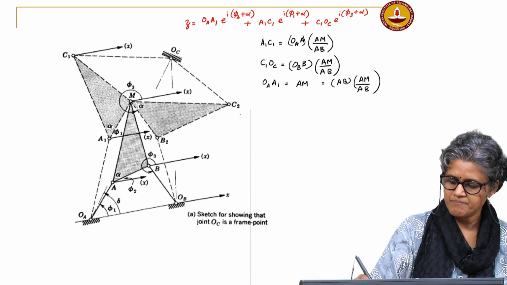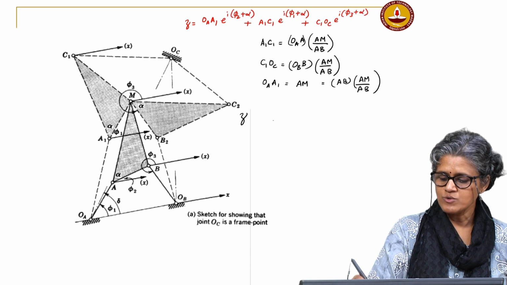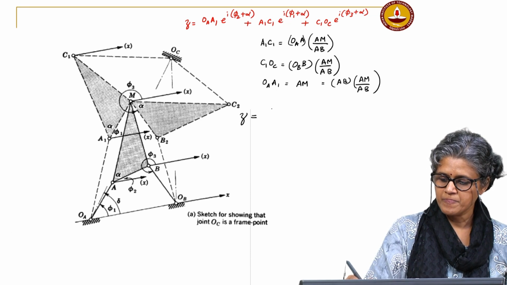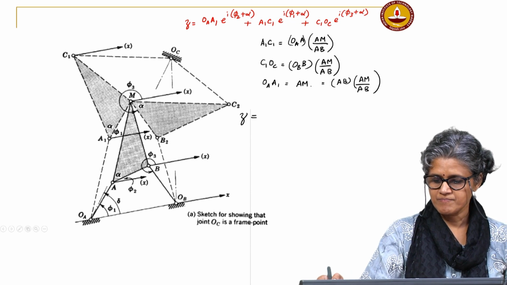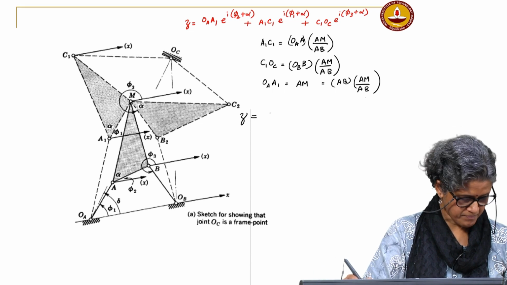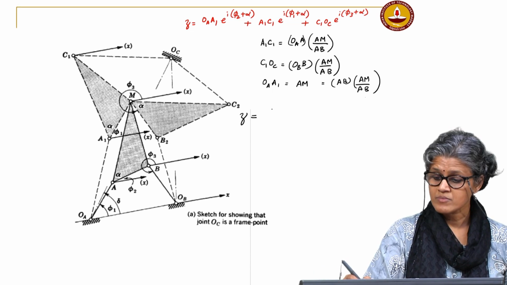So, my Z, I can now remove what out of the equation? All of them have AM by AB, right.